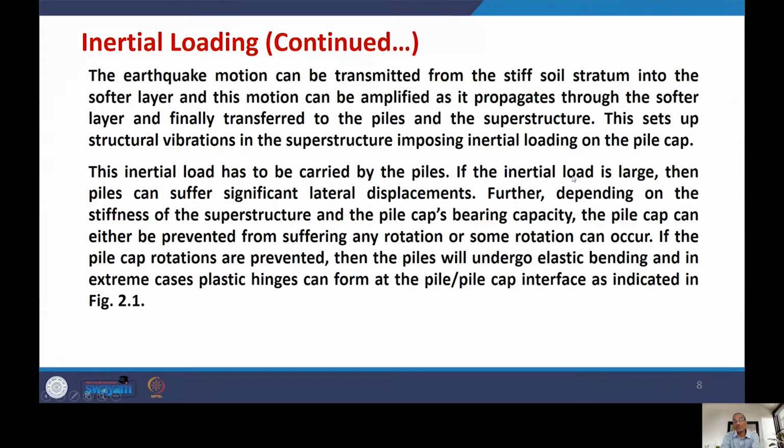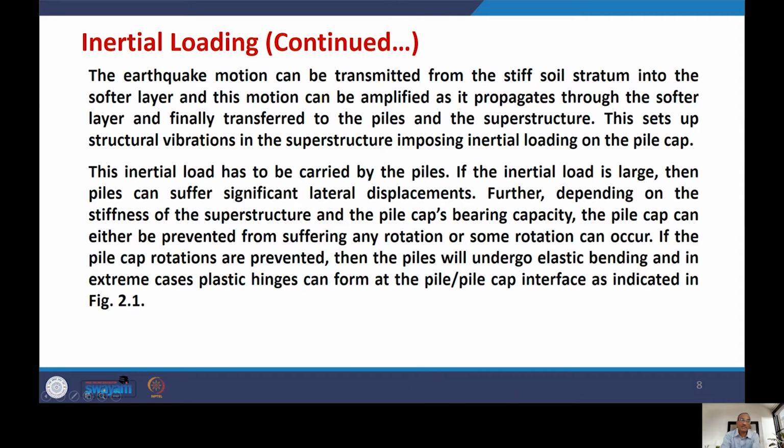Now this inertial load has to be carried by the piles. If the inertial load is large, then piles can suffer significant lateral displacement. Depending on the stiffness of the superstructure and the pile cap's bearing capacity, the pile cap can either be prevented from suffering any rotation or some rotation can occur.